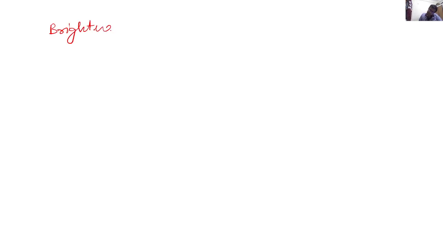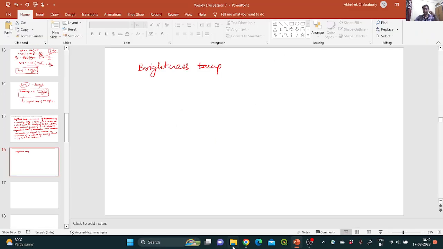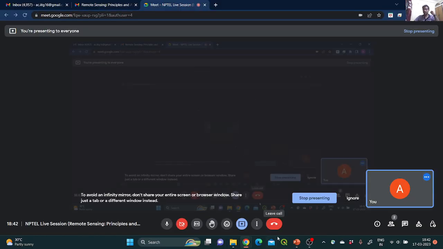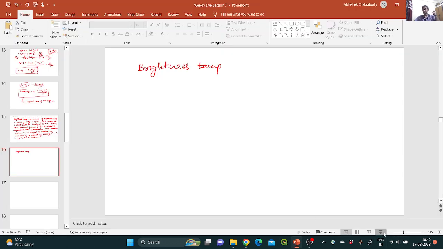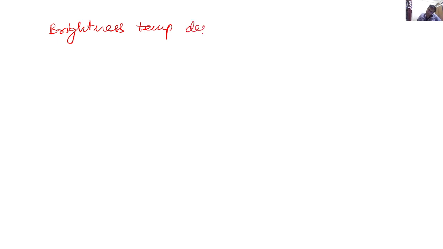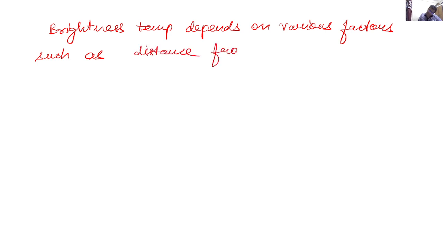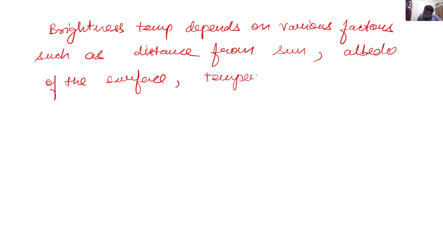Now, the brightness temperature depends on various factors such as distance from the sun, albedo of the surface, or temperature of atmosphere.